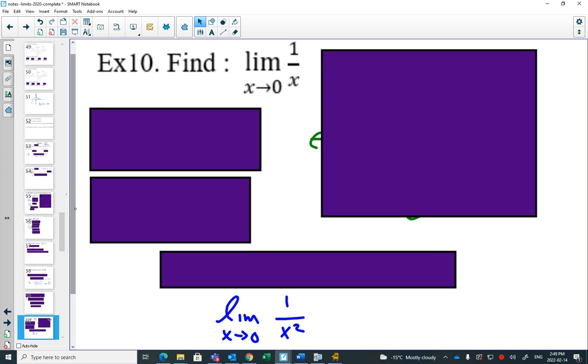Are they different? I'm going to tell you they're different, which is you're probably initially thinking they're the same. I'm going to tell you one of them has an answer and one of them does not exist.